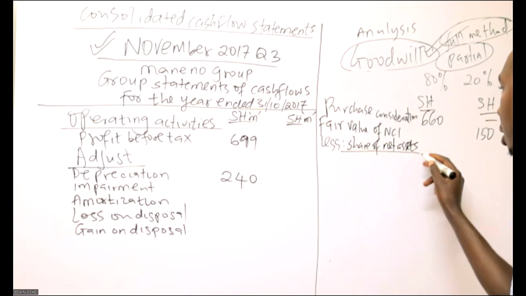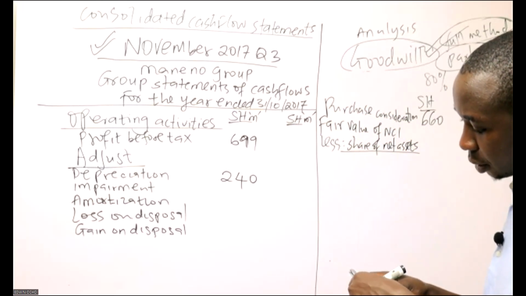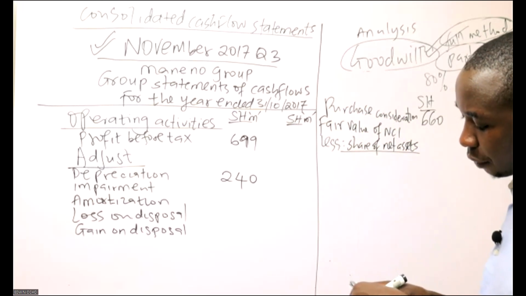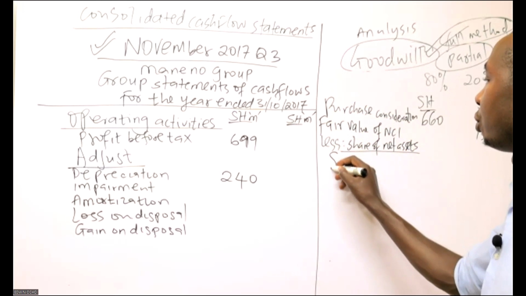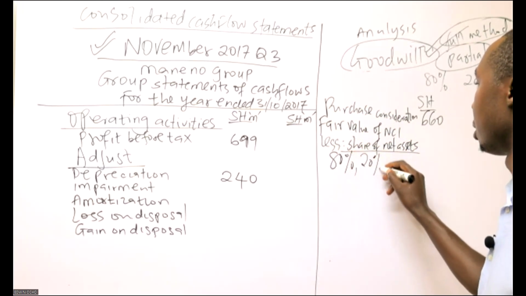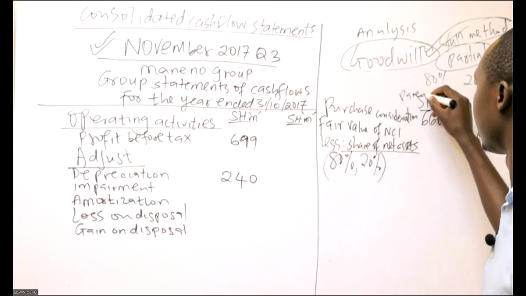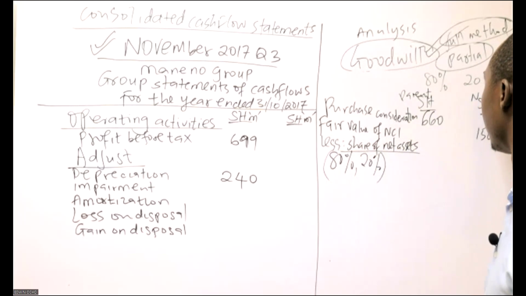The net assets, the total value given there, had a fair value of 675. So you share 80% and 20%. Remember that the first column is for the parent, and this one is for the NCI.